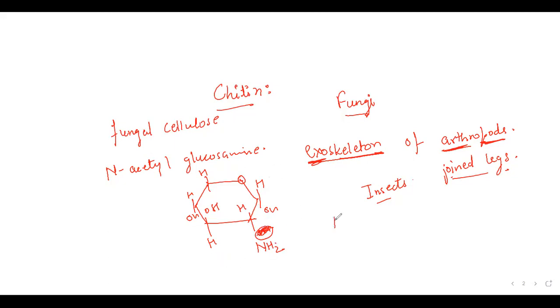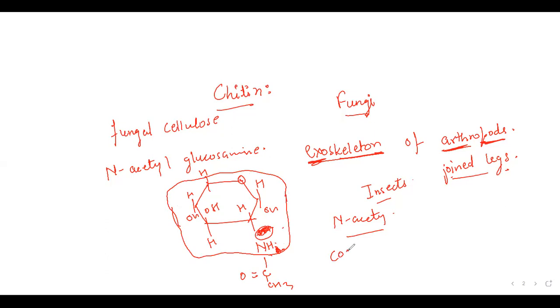Now, what is N-acetyl glucosamine? In N-acetyl glucosamine, one H is replaced by a COCH3 group. Now this part is called glucosamine, and when the COCH3 group attaches to this part, this is called N-acetyl glucosamine.